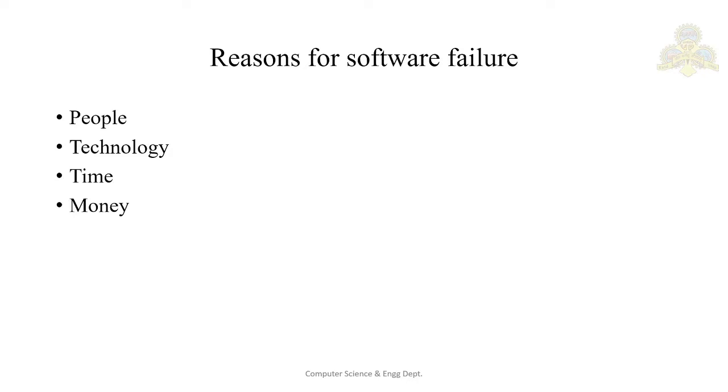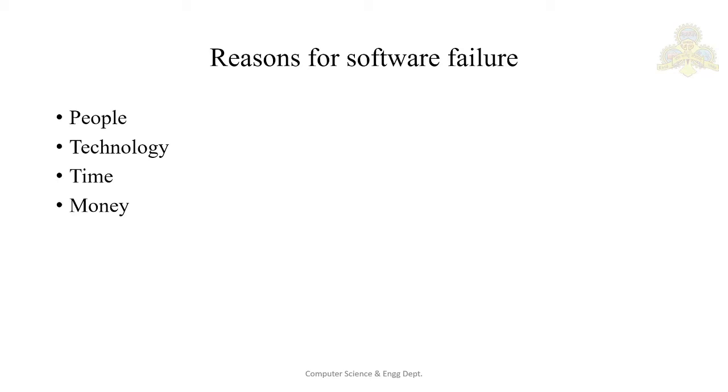Okay. The second one is technology. So, sometimes the focus shifts from the user requirements to the technology. So, excessive fascination towards introducing new technologies will lead to a lot of problems while implementation. For example, say the company is developing a project and they have introduced a new technology and people are not aware of it, so how will it cause software failure?